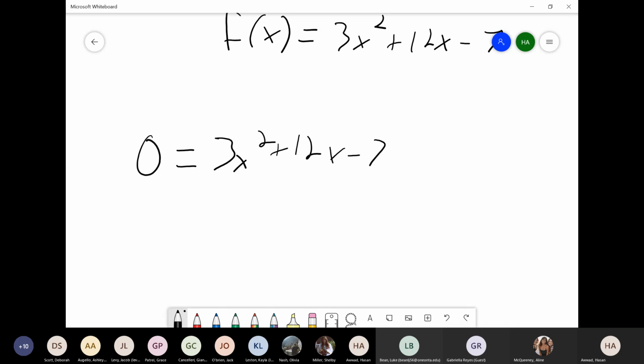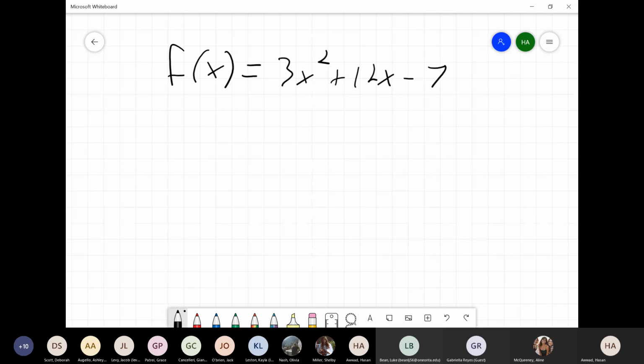And the tip that I told you guys when we were first learning completing the square is: is your coefficient of x squared a 1? If it's not a 1, then you were to divide everything by that coefficient, right? So in this case, if we had an equation equal to 0, you would have divided everywhere by 3, and that would have enabled you to complete the square. But we don't have that luxury here, and the reason we don't have that luxury is because this is in functional notation.